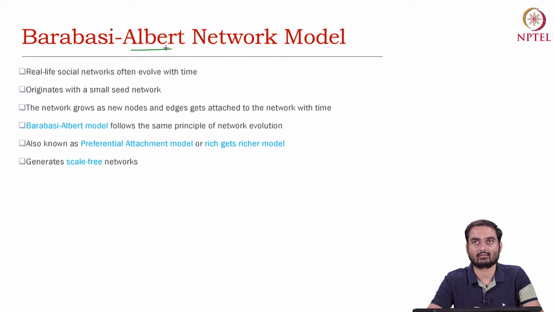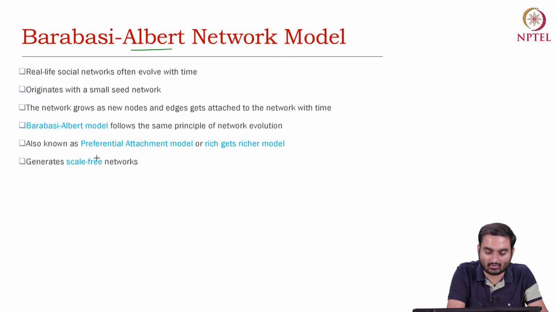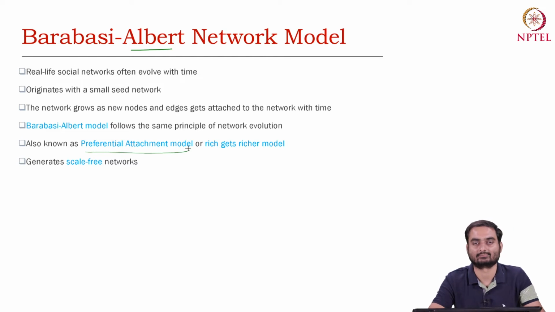The Barabasi-Albert model says: let the nodes join the system one by one with certain edges, and let each node decide which other nodes it wants to connect to. This is also called the preferential attachment model.